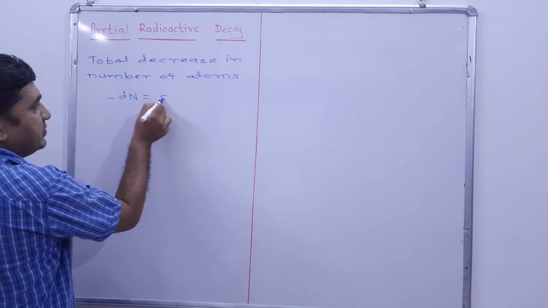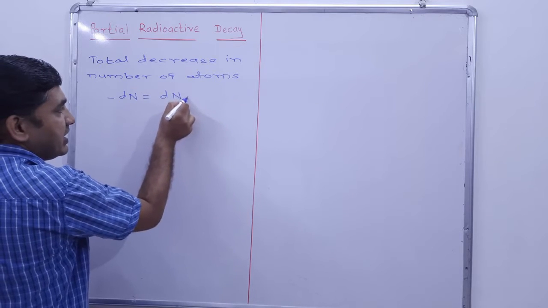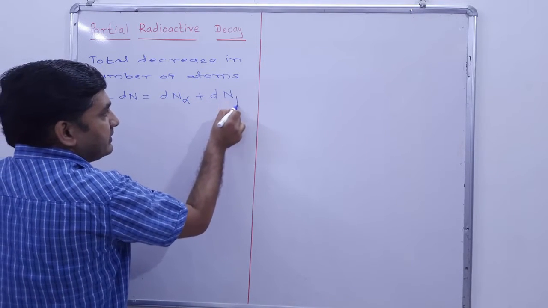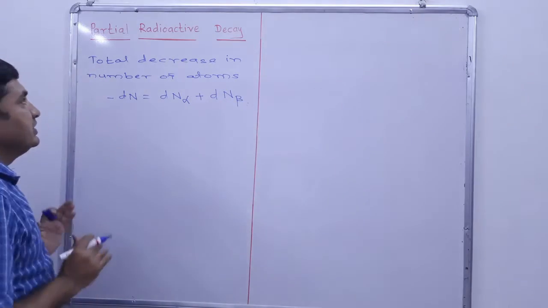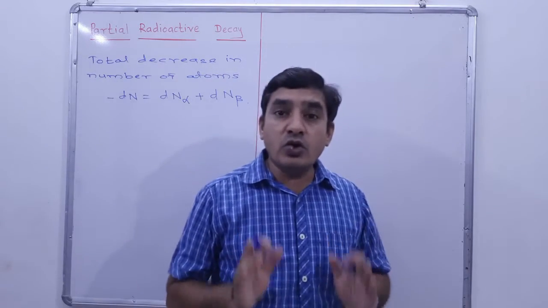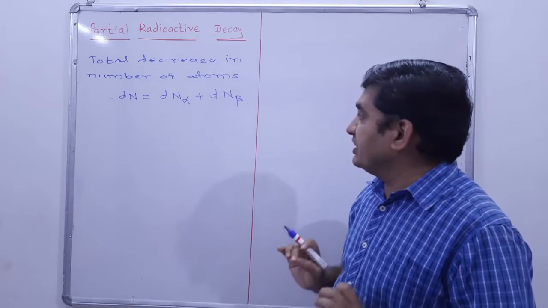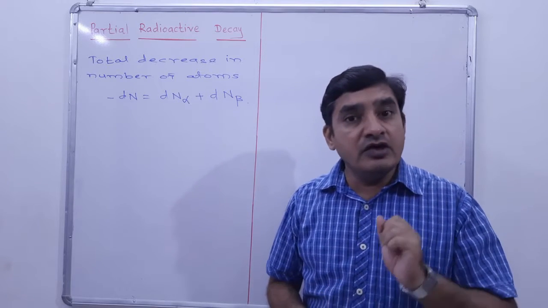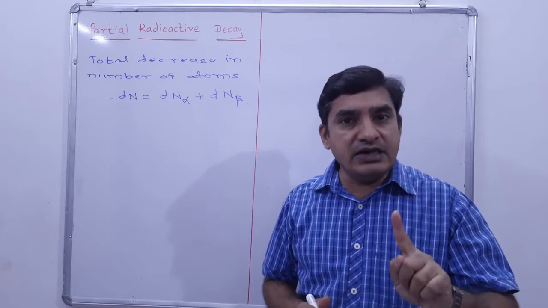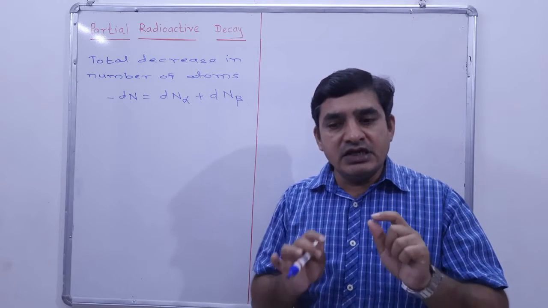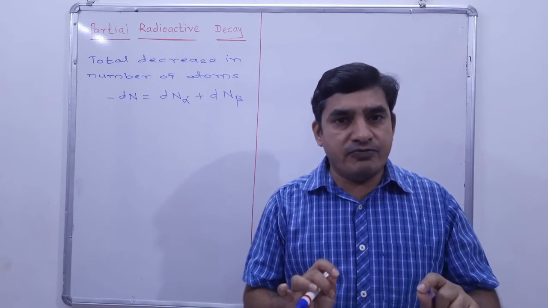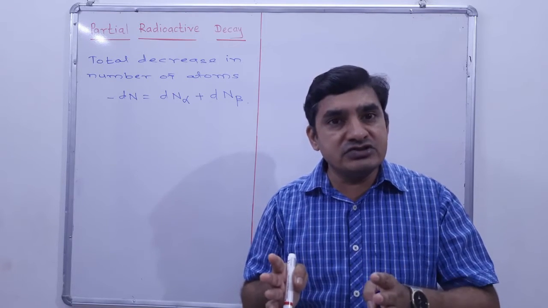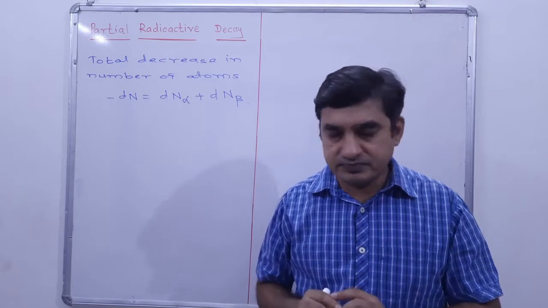It is equal to dN alpha plus dN beta. This represents the total decrease in number of atoms. We know that N means the number of atoms at a time t.